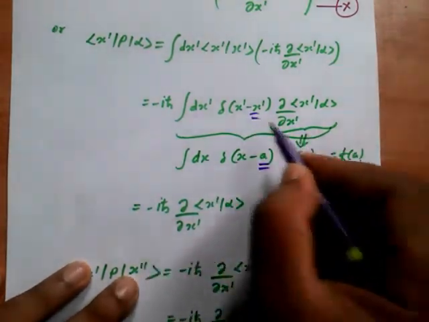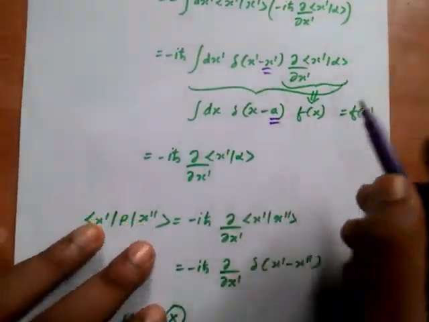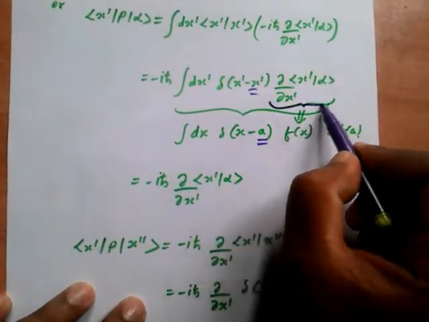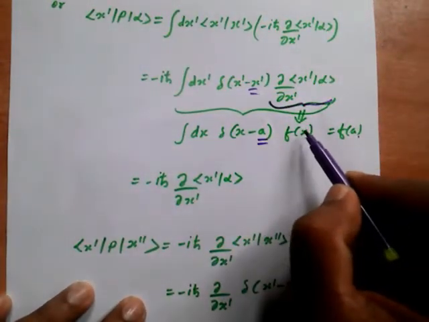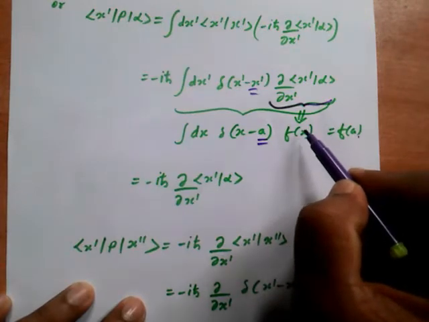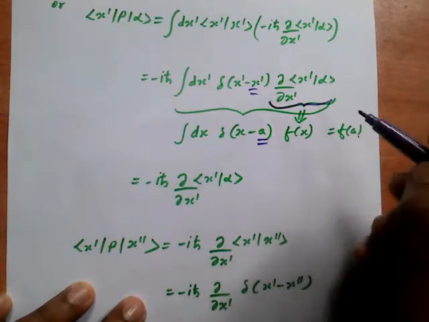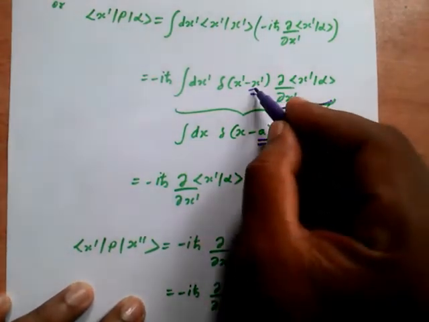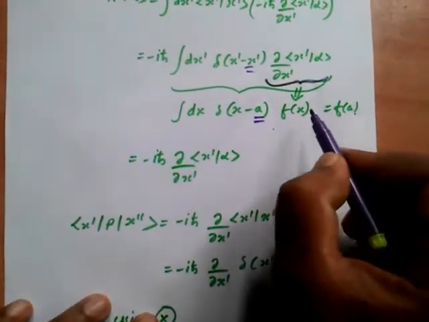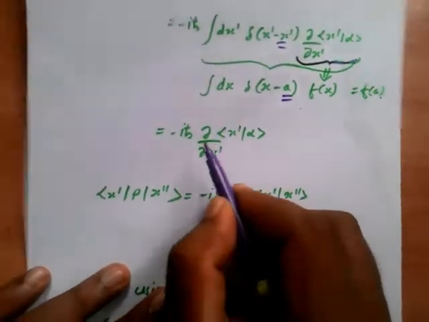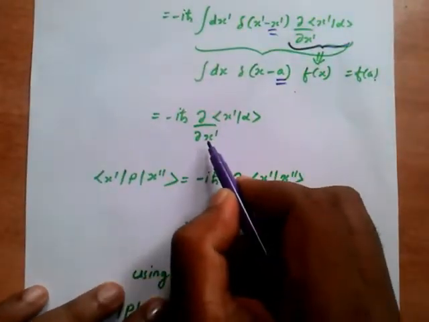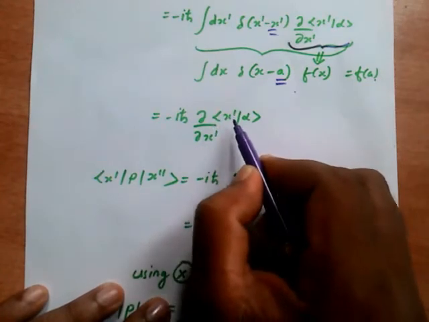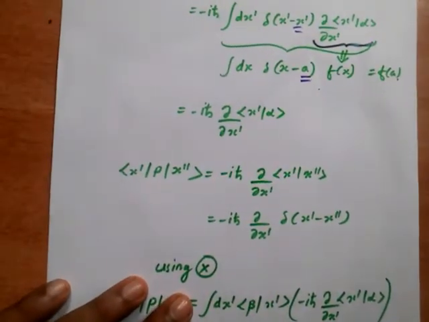So we will get, instead of this a, here it's x dash, so we can write f of x dash. Okay, that is minus i h cross dou by dou x dash of x dash inner product of x dash alpha.